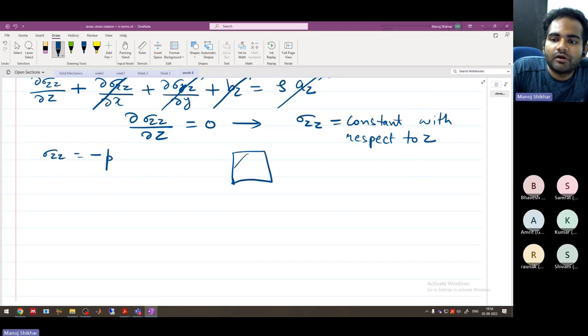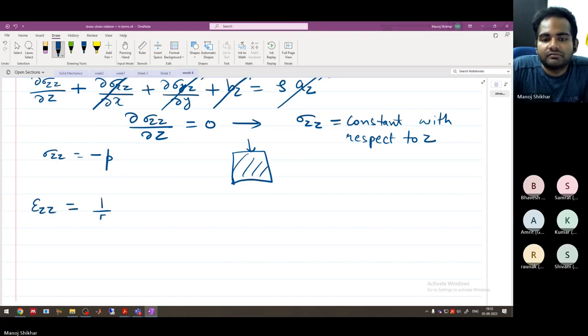So throughout the rubber block, sigma zz will be minus p in the z direction. Okay. So now, what is epsilon zz? This is sigma zz minus mu times sigma xx plus sigma yy.